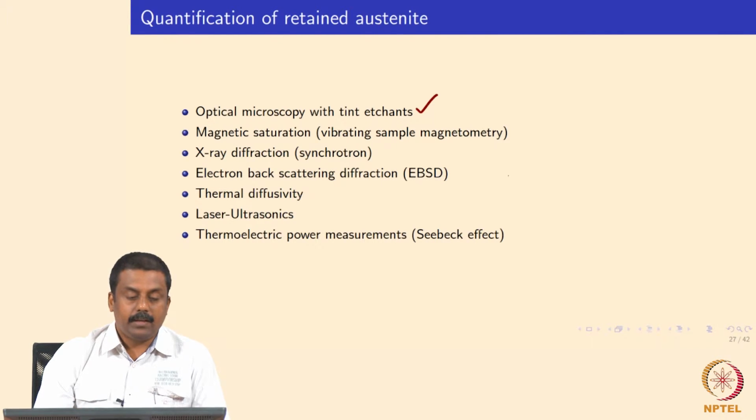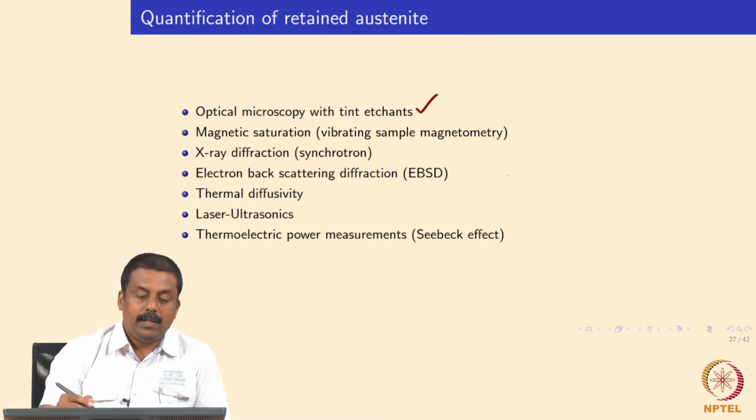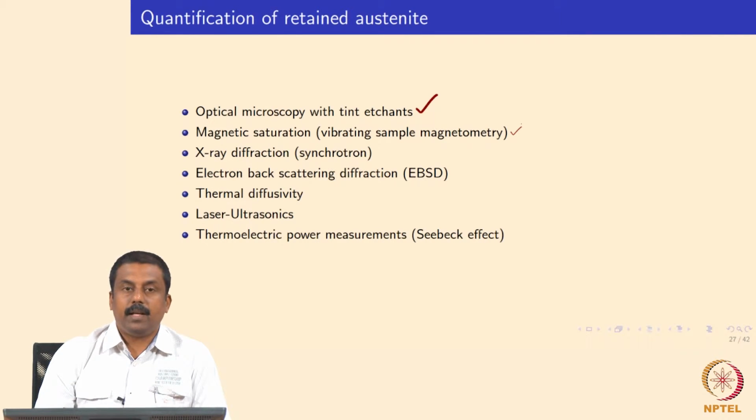Some of the techniques, like the magnetic saturation method, can be used to measure the retained austenite concentration in bulk, in the entire sample. I will explain the principles in subsequent slides.